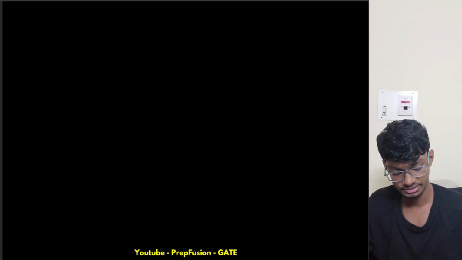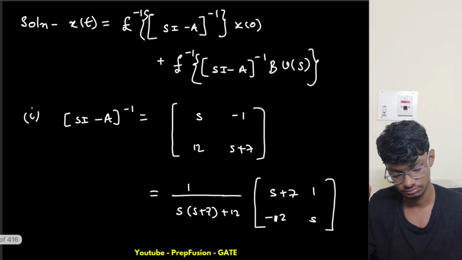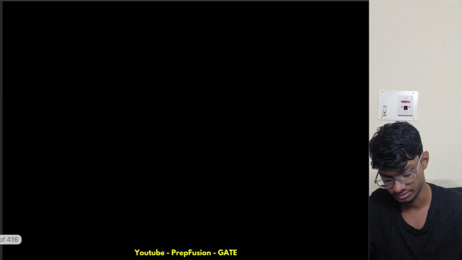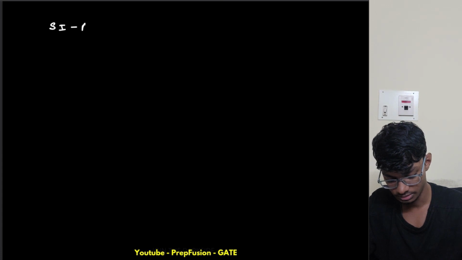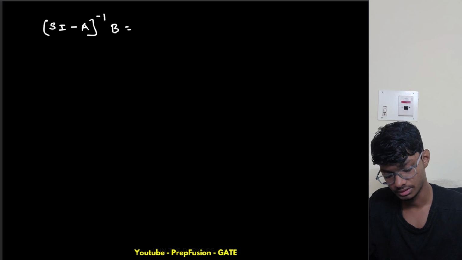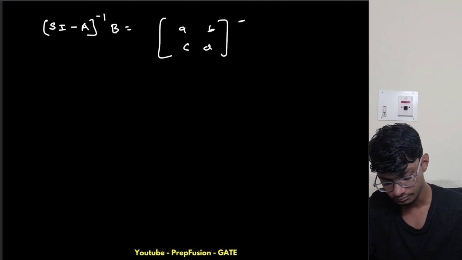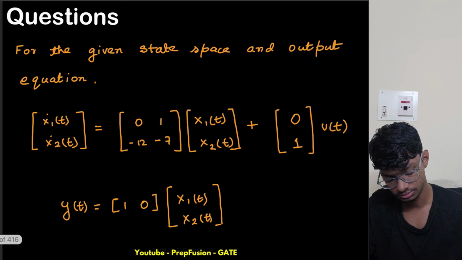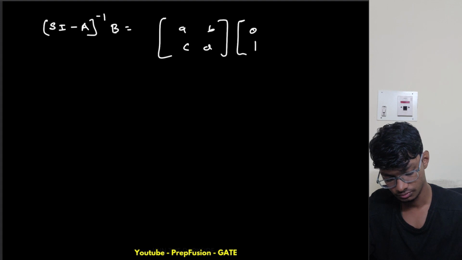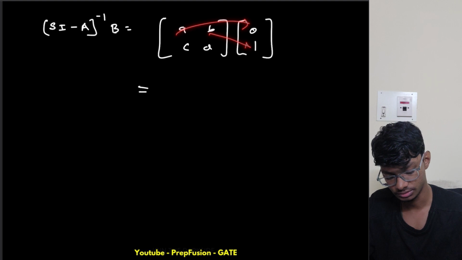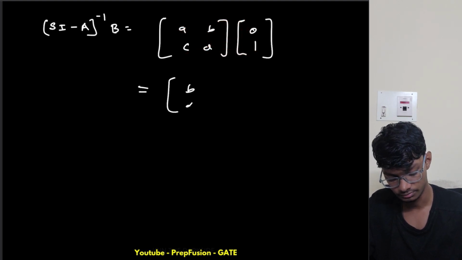But what I will do is take this as a b c d, and find (sI minus A) inverse times B. So again I will write a b c d here. B is 0 1, I think. So this is a times 0, b times 1, so this is b, and c times 0, d times 1, so this is d only.